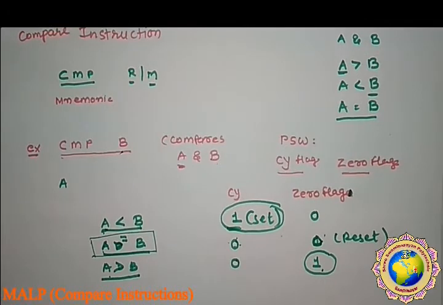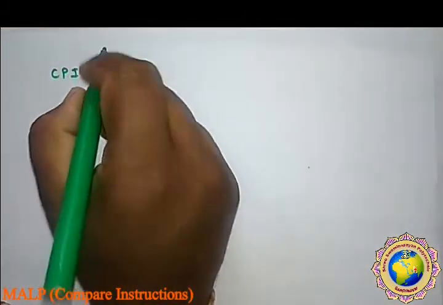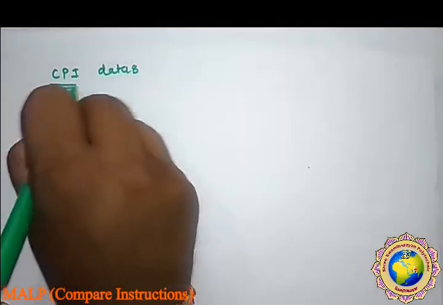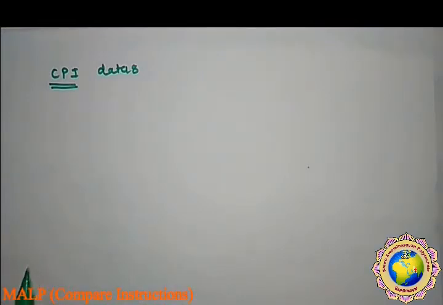This is the comparison instruction. Another mnemonic for the compare instruction is CPI. When you want to compare data directly with the accumulator, we have to use CPI. When we want to compare two registers, we use CMP.